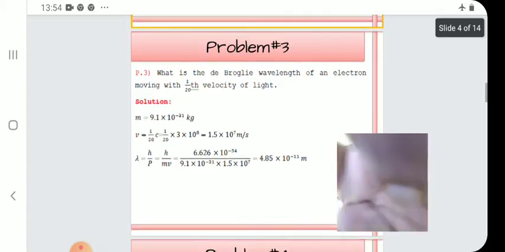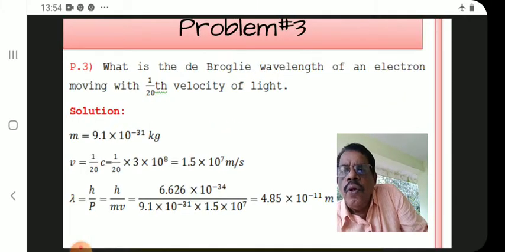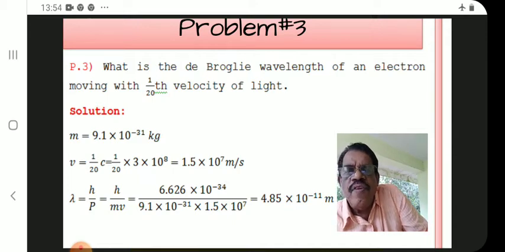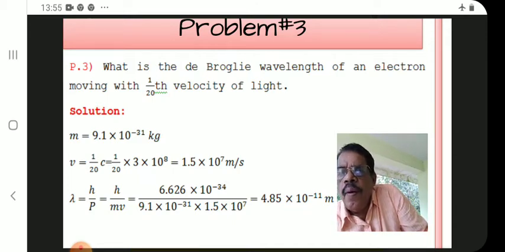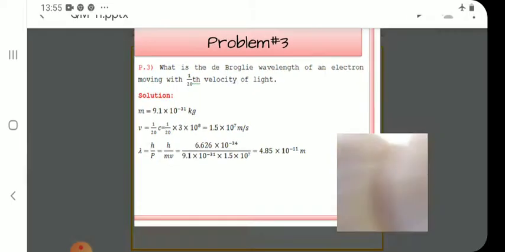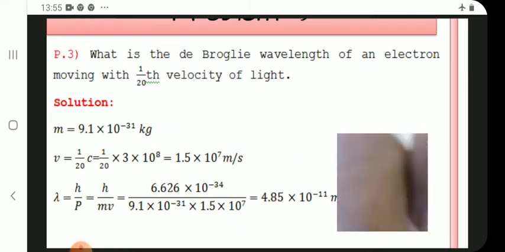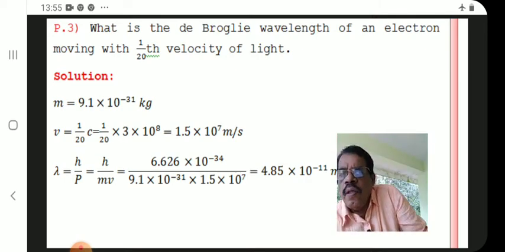Problem number 3. What is the de Broglie wavelength of an electron moving with 1 by 20th the velocity of light? M is 9.1 into 10 raised to minus 31 kilogram.